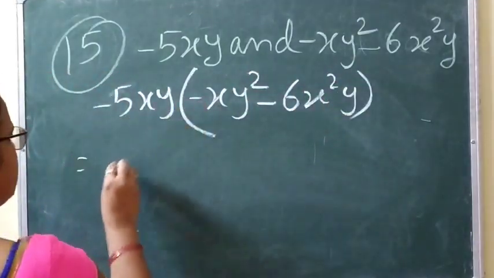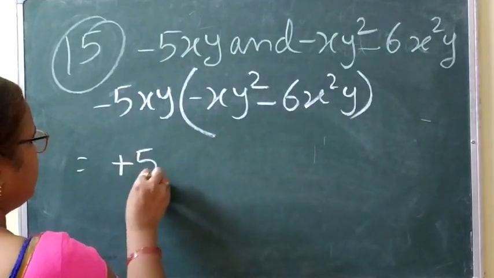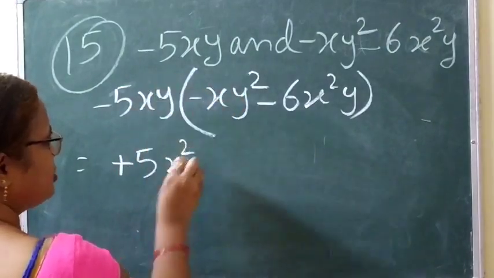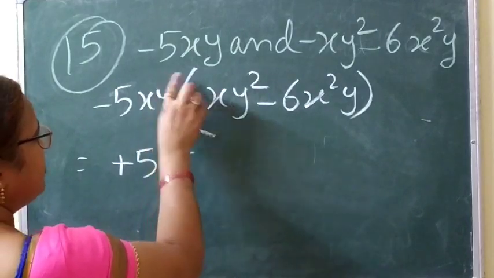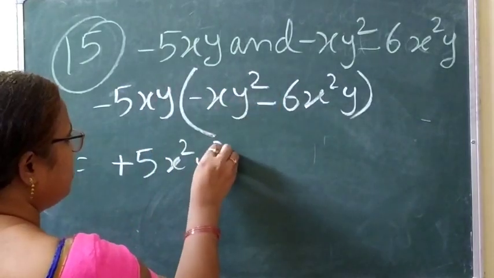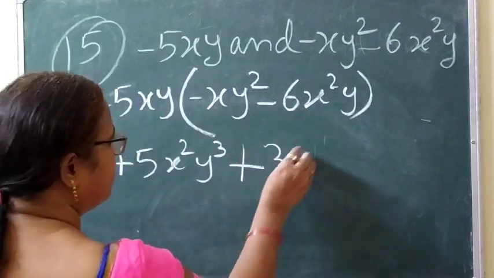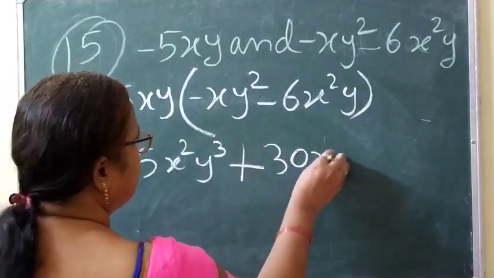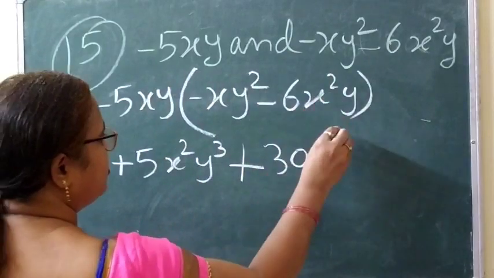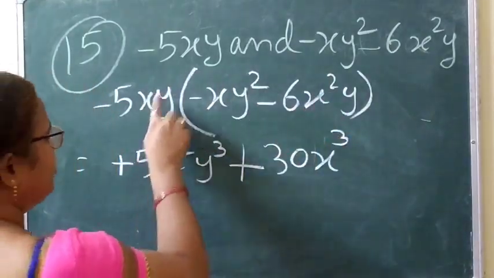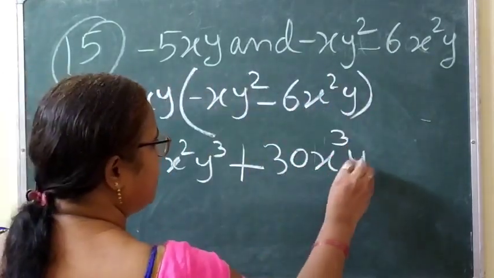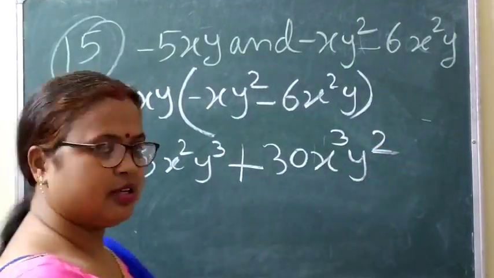So minus into minus, plus 5, x1 x1 x2 means x to the power 2, y1 y2 here, so y to the power 3. Again minus and minus, plus 5 6s are 30, then x to the power 1, x to the power 2 means x to the power 3, y to the power 1, y to the power 1 means y to the power 2. And this is your answer.